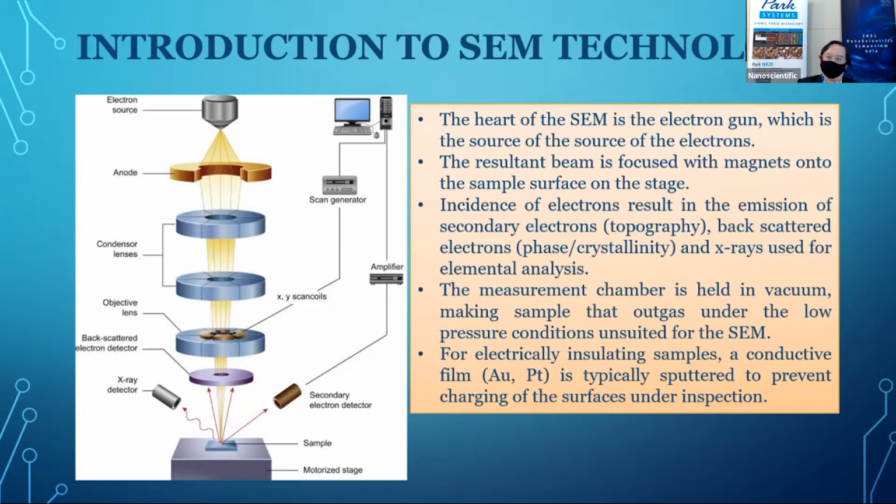Because of charging that occurs on the surface, it is the norm that we would have to do a coating on the sample prior to measurements on the SEM, meaning that we would have to put things like gold or platinum on the surface. This basically would mean that the wafers are destroyed, or destructive analysis of the surface, as compared to an AFM, where you just stick it into the system, perform the measurement, and the wafers theoretically can move on.